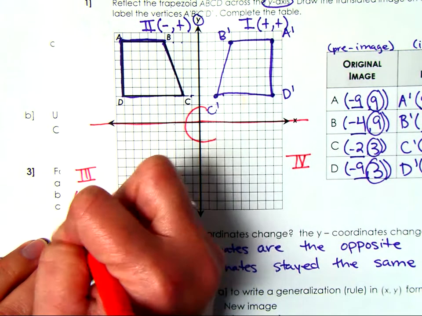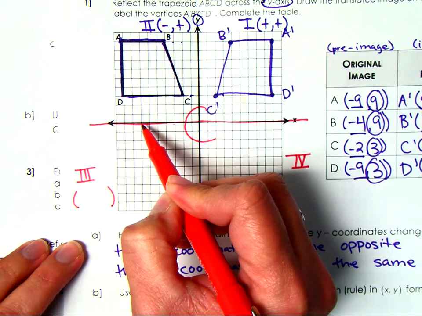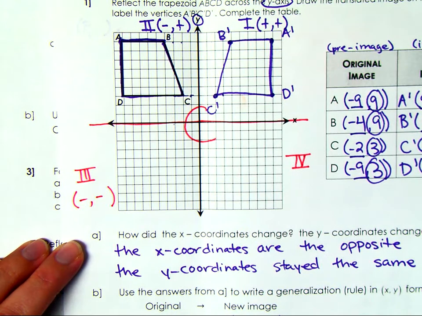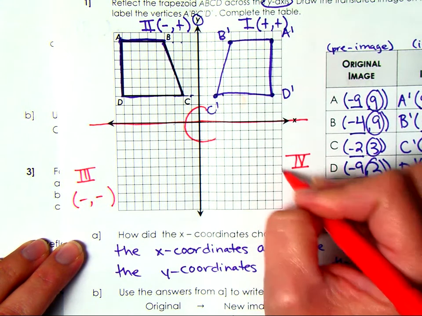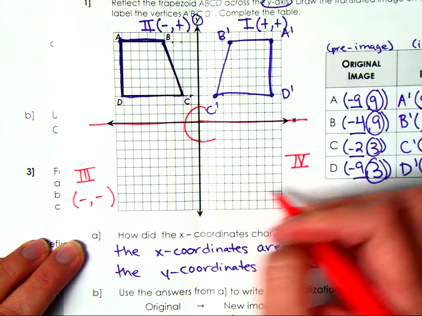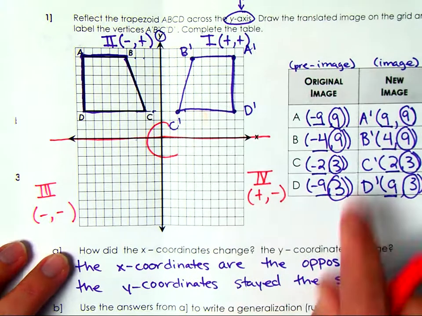Just to kind of make some estimate or some helping out, my x's are negative and my y's are negative over here. So all your ordered pairs in quadrant 3 are negative x, negative y. Then quadrant 4, all your x's are positive because we're going to the right, and then we're going down, so positive, negative.